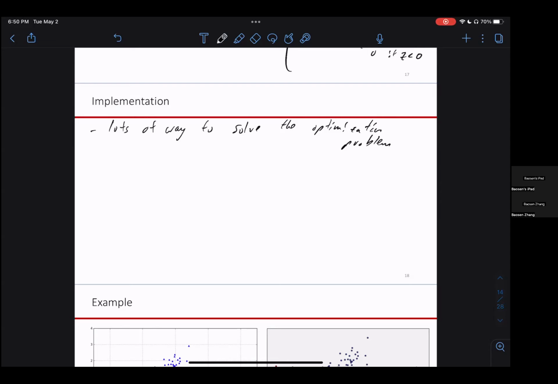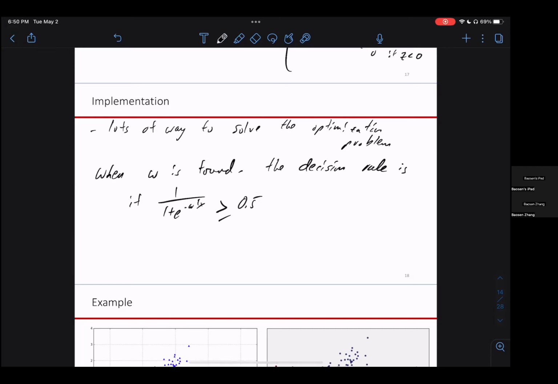So what we care about is, when W is found, the decision rule is, okay, so that's our decision rule.